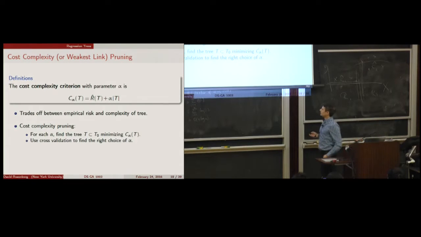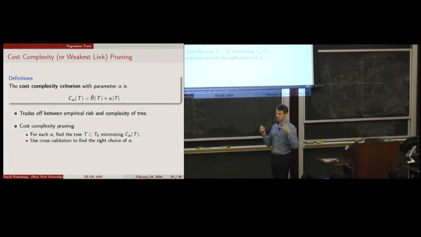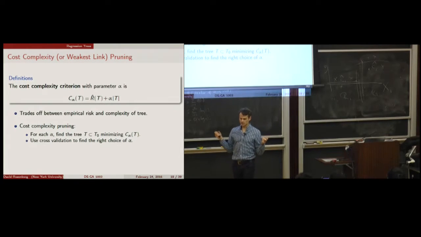So the approach is basically to build a big tree and prune it back one node at a time. Every time we take off a node, it gets a little bit smaller and becomes a subtree. Two things happen when we remove a leaf node, when we take away one split of a tree.